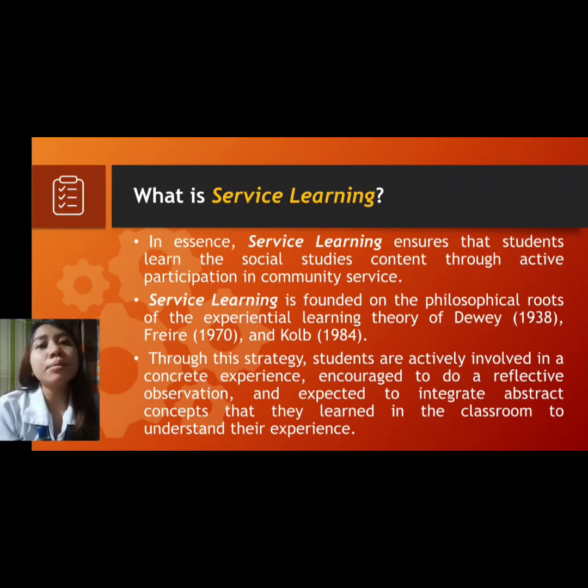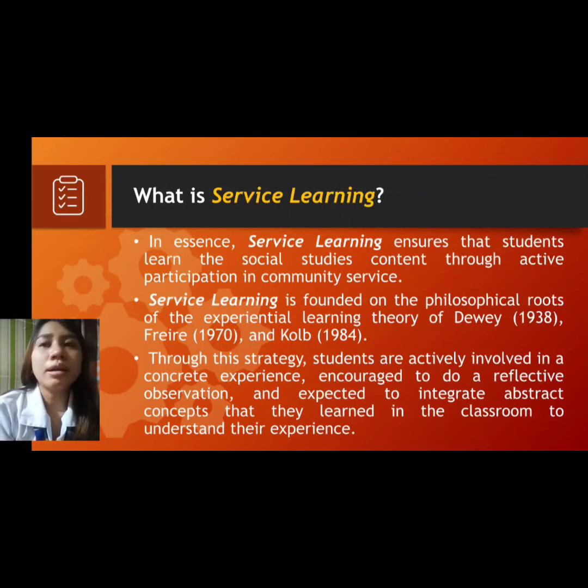So, next, service learning is founded on the philosophical roots of the experiential learning theory of Dewey, 1938, Breer, 1970, and Gold, 1984. So, service learning daw ay natuklasan din sa experiential learning theory ng tatlong philosophies na ito, si Dewey, si Breer, and si Gold.